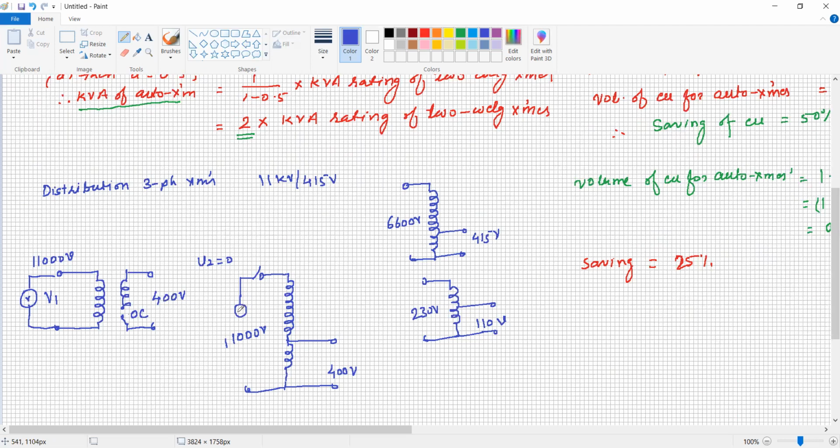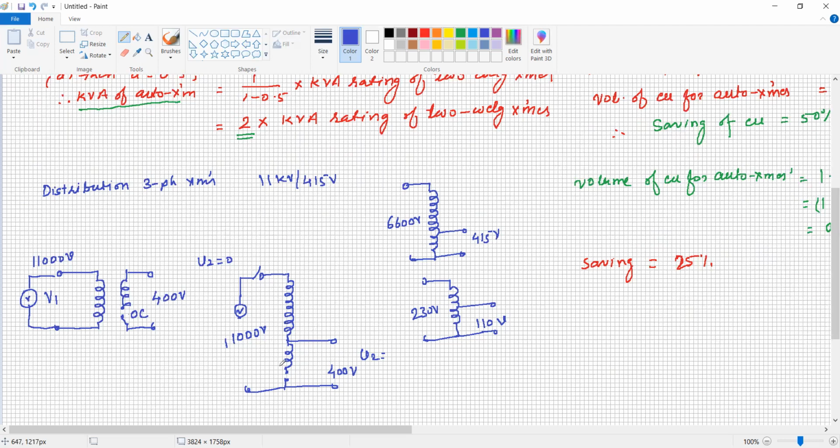Now the same fault occurs here: there is an open circuit in the secondary winding because of a fault or any other reason. So what will happen? Instead of 400 volt, the entire 11 kV is going to appear across the secondary winding. Are you getting it?